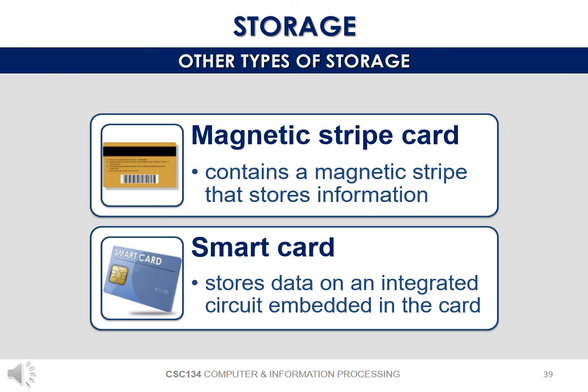Other types of storage. First, we have magnetic stripe card. It contains a magnetic stripe that stores information. Second is smart card. Stores data on an integrated circuit embedded in the card.